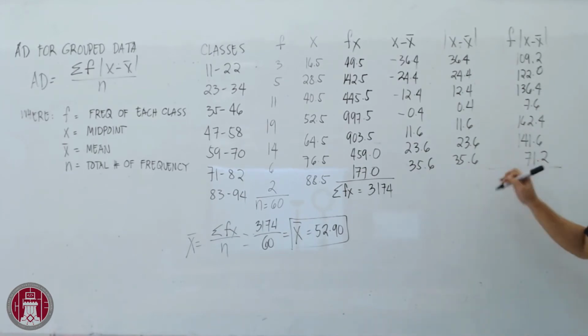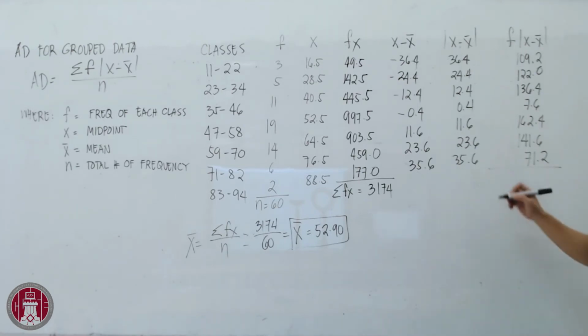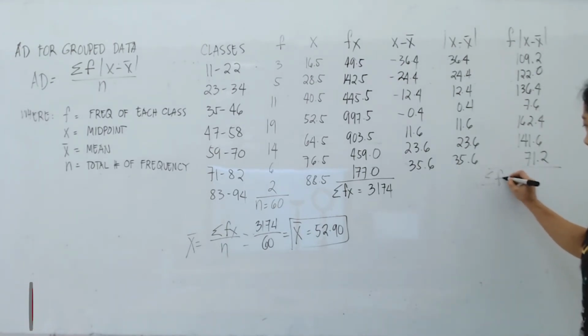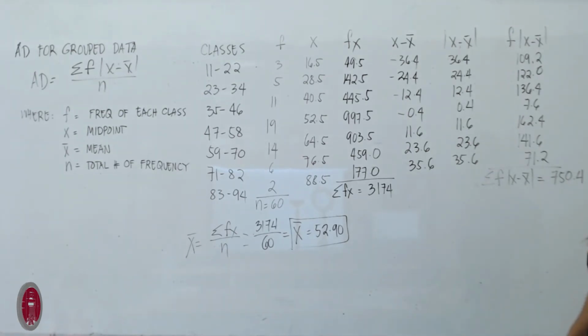Now we can get the summation of frequency times the absolute value of the midpoint less the mean. So we'll be having 750.4.